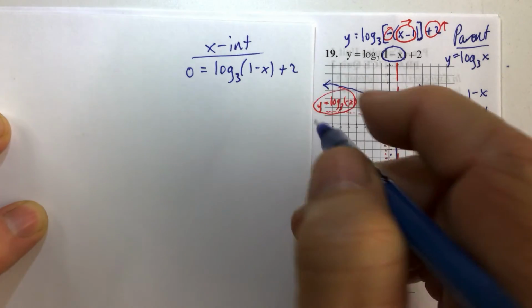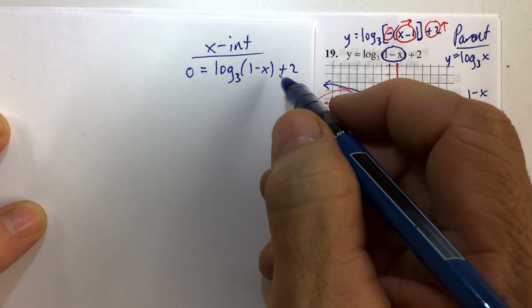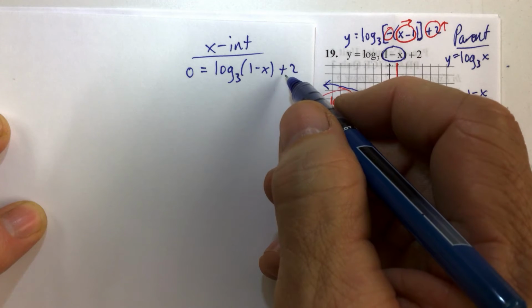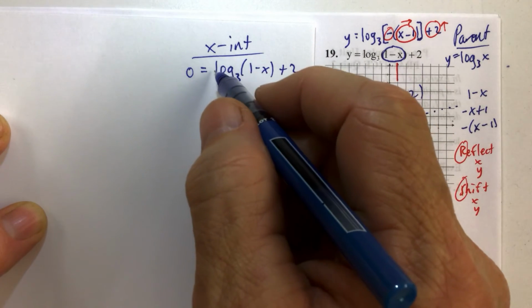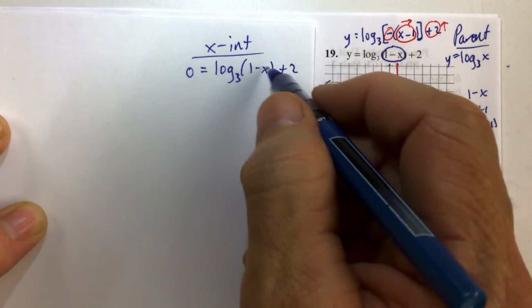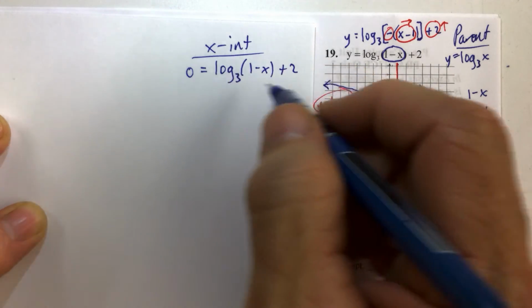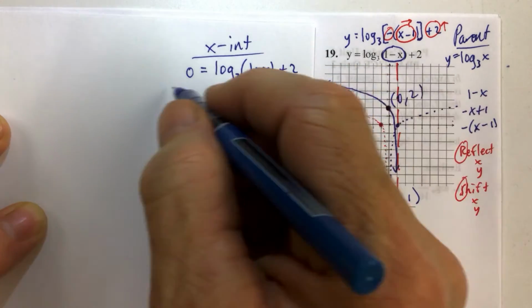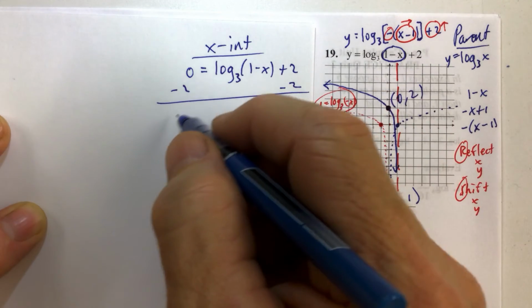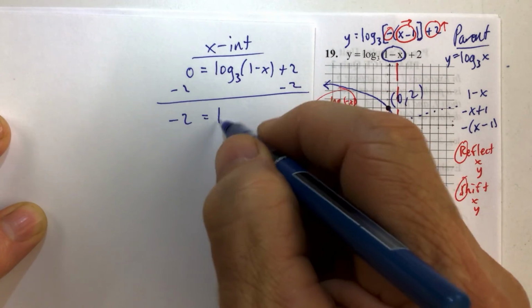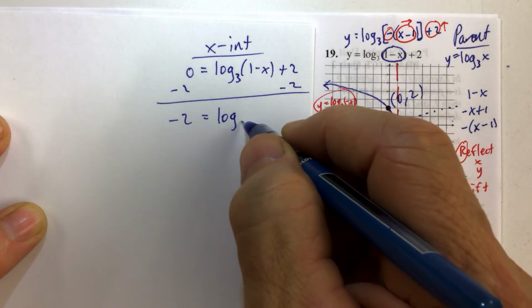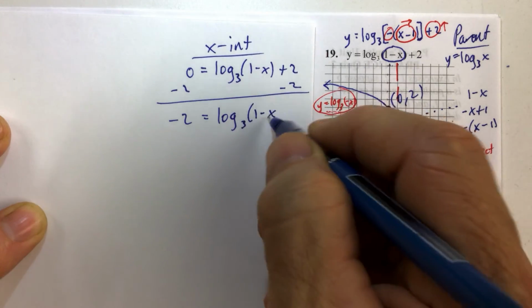The log is sitting there by itself and its coefficient is 1, so we keep it positive and move the 2. So we have negative 2 equals log base 3 of 1 minus x.